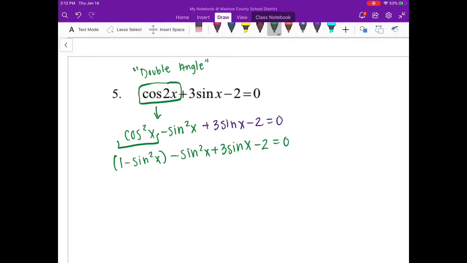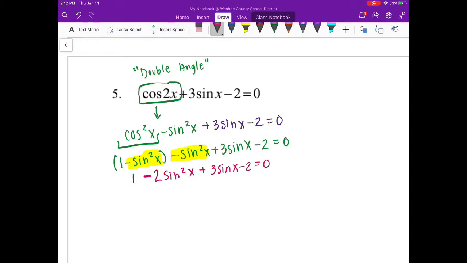Well, we need to simplify a little bit first. So here we have negative sine squared of x minus another sine squared of x, which can actually combine. If you have -1 minus 1, that technically gives you a -2 sine squared of x. And then we still have the 1 here, plus 3 sine of x minus 2 equals 0.